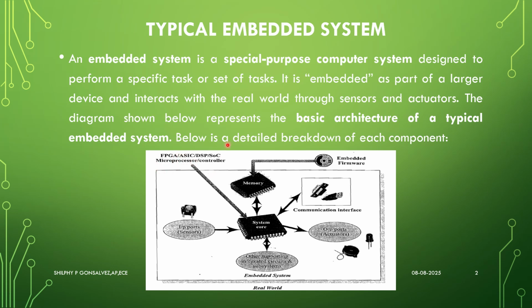Any of these will be embedded into this system core. The system core can communicate with the real world through input ports such as sensors, and the response of the system core can be sent to the real world environment through output ports, which we call actuators. Other than that, there are other supporting integrated circuits and subsystems, along with certain communication interfaces, which we'll discuss in detail.